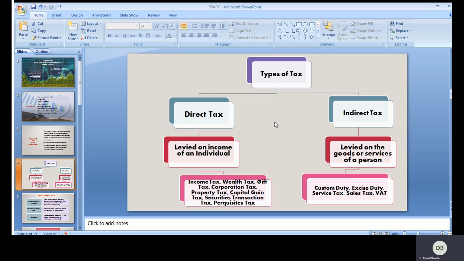These are the direct taxes because they are related to an individual: income tax, wealth tax, gift tax, corporation tax, property tax, capital gain tax, securities transaction tax, and perquisite tax.